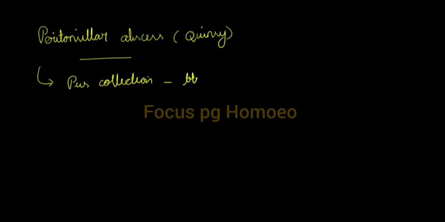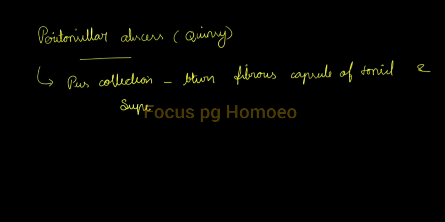Here the pus collection occurs mainly between the fibrous capsule of the tonsil and the superior constrictor muscle of the pharynx.